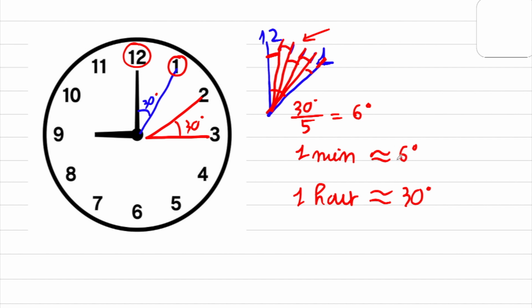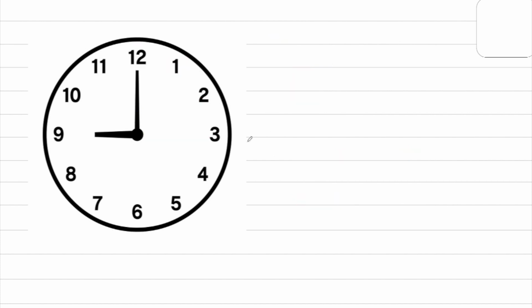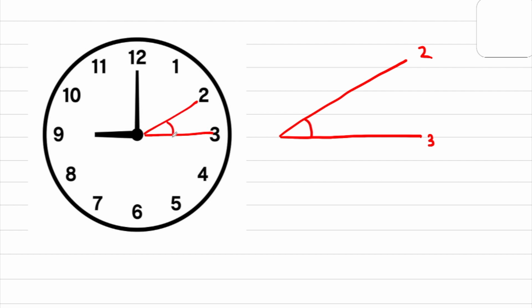Yeah, okay. So let me make it clearer with 2 and 3. Here is the 3 hour, and this one is the 2 hour. Between 2 and 3, you get one angle of 30 degrees. And from 2 to 3, I want to divide by minutes: 1, 2, 3, 4, and this one is 5.